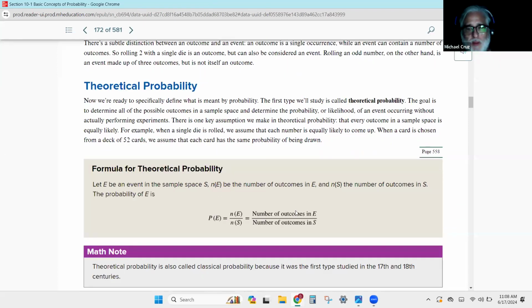As far as theoretical and empirical probability are concerned, theoretical probability kind of exists in nature. If we have a coin and we flip it, we know that the probability of the head is 1 out of the 2. We know the probability of the tail is 1 out of the 2.